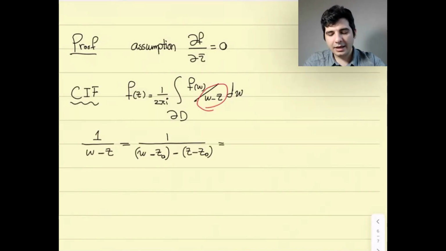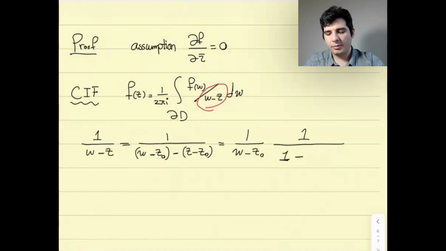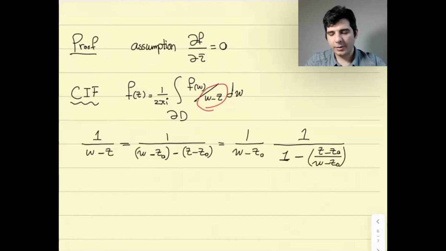And then I can factor out w minus z naught. So I can write this as 1 over w minus z naught times something, and that something is 1 minus z minus z naught over w minus z naught.